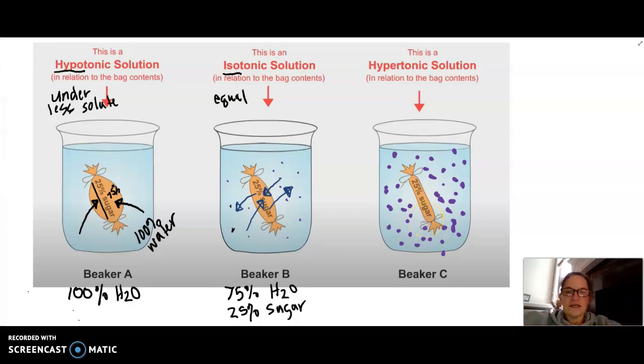So in this case, we have this in a beaker, and let's say that this is 50% sugar. Okay? If it's 50% sugar in the outside solution, that means it's only 50% water also.